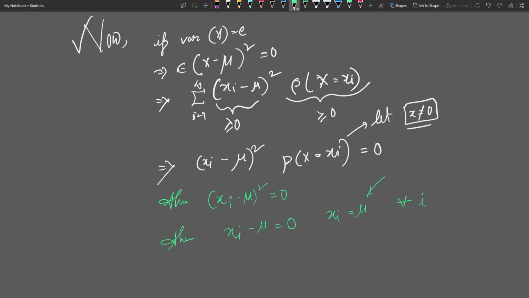But this is not true for the observed value of x. And then from this we can conclude x is equal to mu with probability 1.